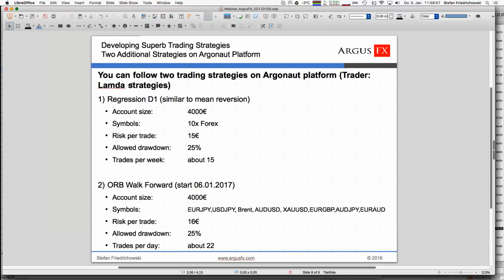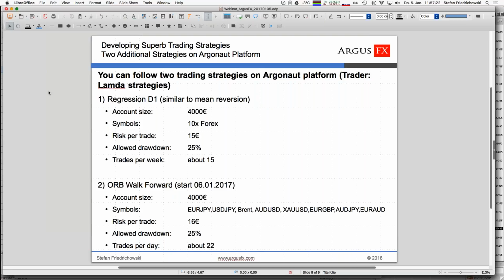All trades are copied directly from ArgusFX into your account. You can still manage those trades, or at least close trades, within your own account, and it's still absolutely your account, and nobody else has access to it.